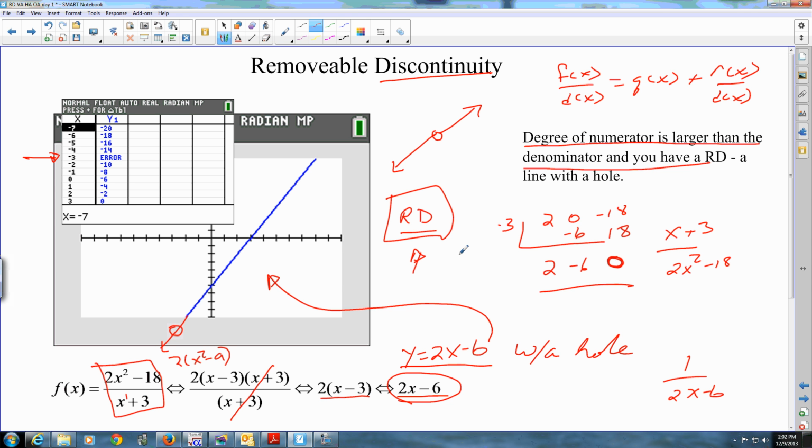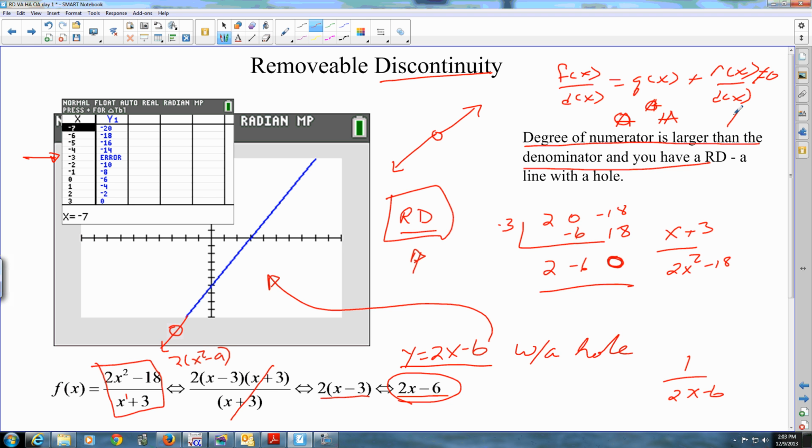A paper punch punched a hole in the graph. It didn't create any asymptotes by this happening. So when r of x is not equal to 0, then what I said on the first page is true. This is going to be either an oblique asymptote or a horizontal asymptote. Okay, either an oblique asymptote or a horizontal asymptote.